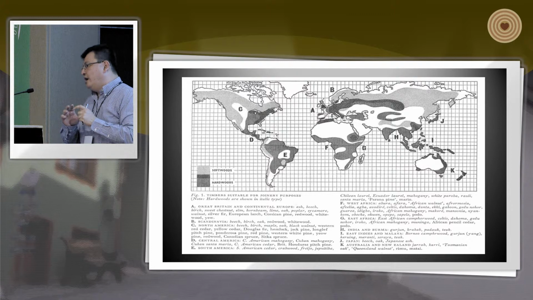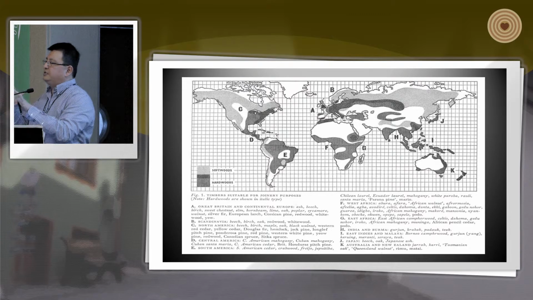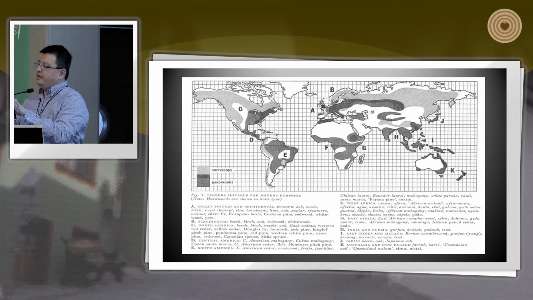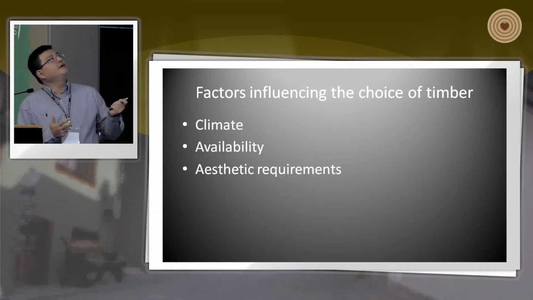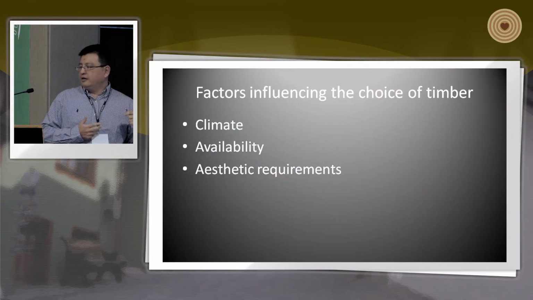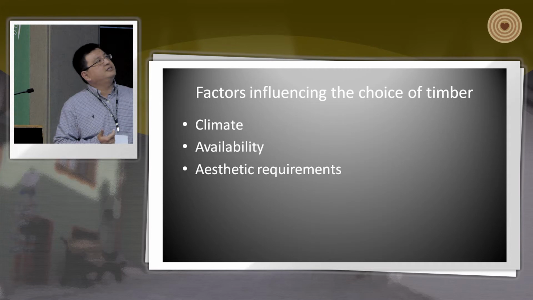What I have done is map the forestry resource with the species used, and that is why I could conclude that they pretty much just use the neighboring woodland. Another thing I concluded is that the factors influencing the choice of timber are climate, availability and architectural requirements.